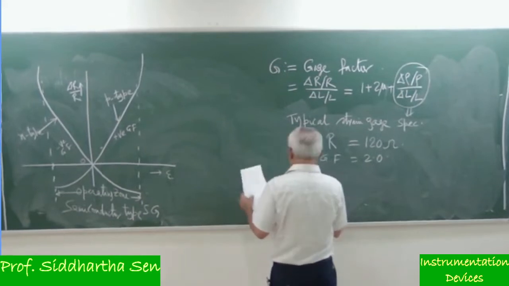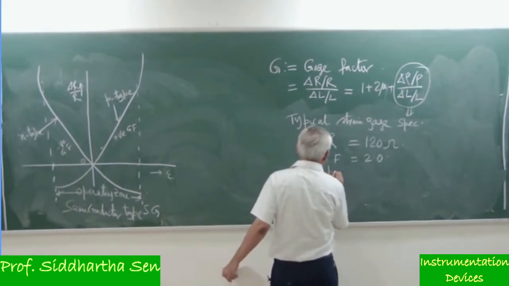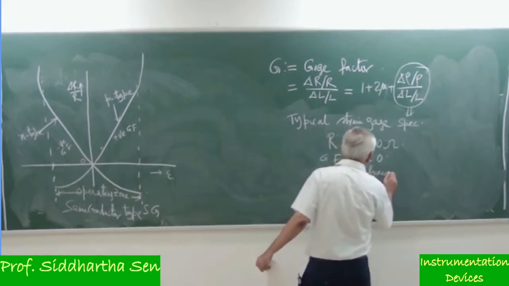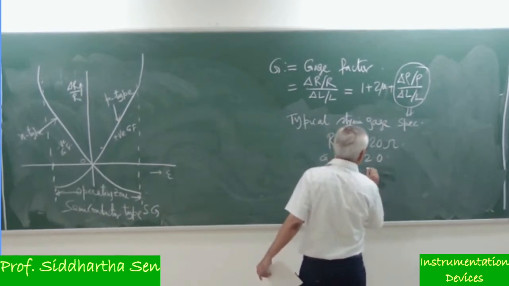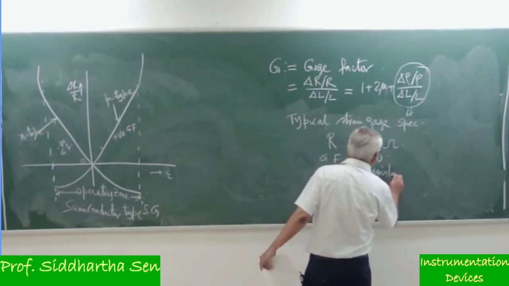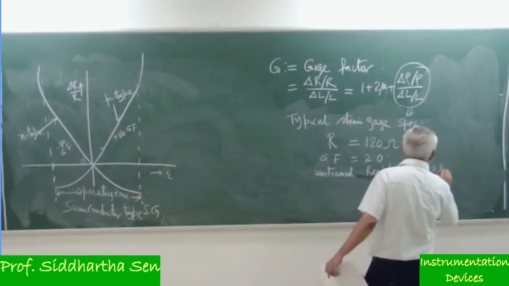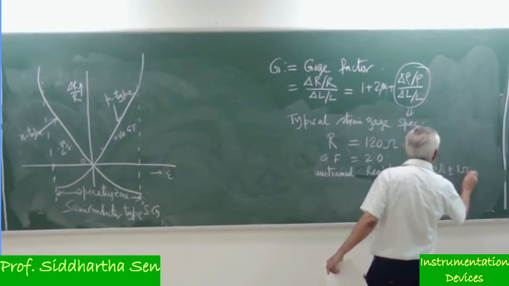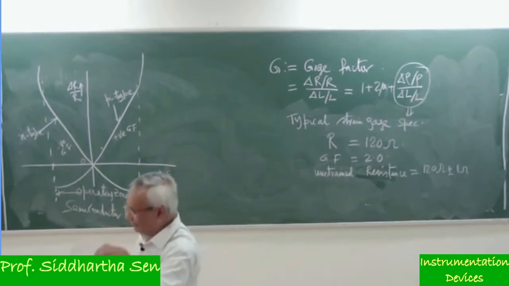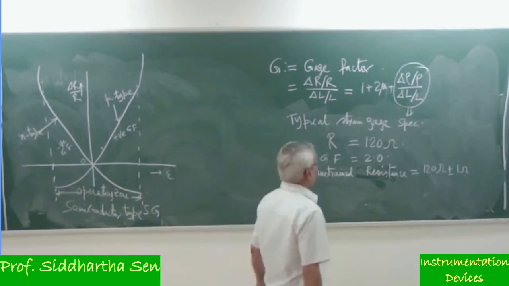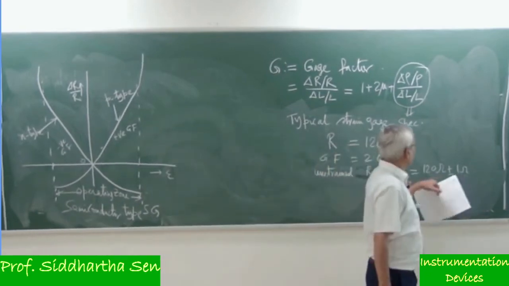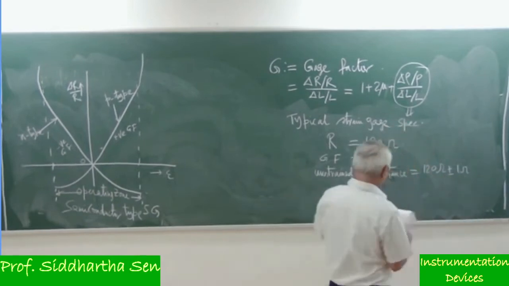Here we call it unstrained resistance. It is 120 ohm plus minus 1 ohm. So there is a variation, because when we manufacture it, there would be some variation. So the company says that it will not go beyond 1 ohm resistance variation.